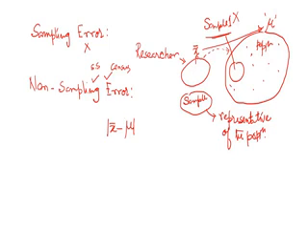Some people take a square of this. So this way they try to eliminate the sign of the error in a natural process. So these are different ways in which error is measured. The total value will come out of both sampling error and non-sampling error. This is a combination of both.